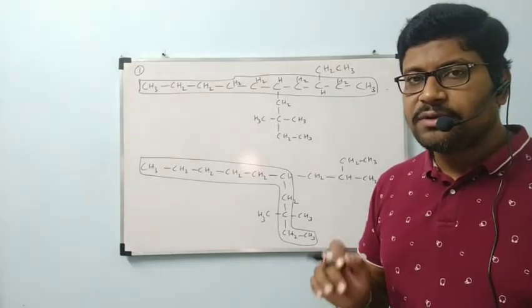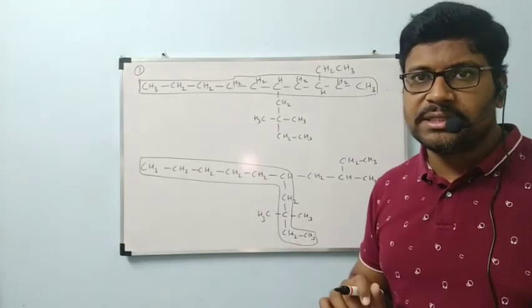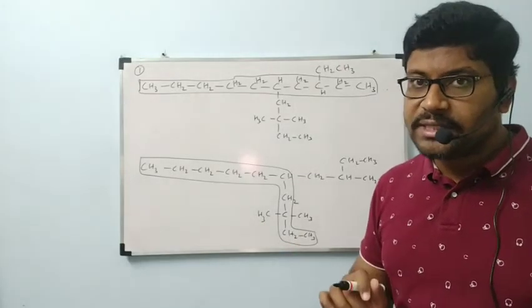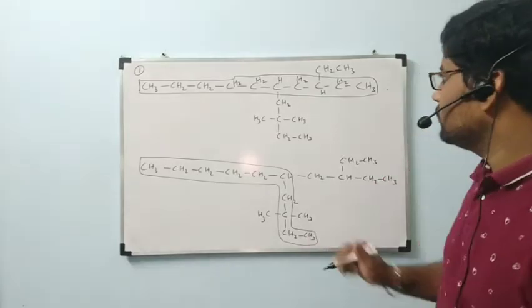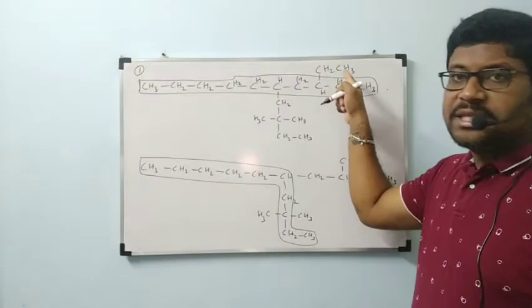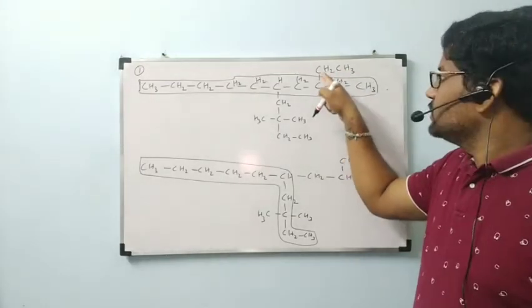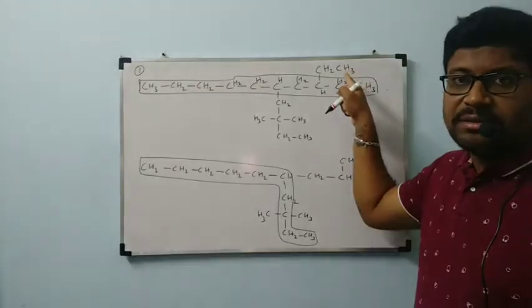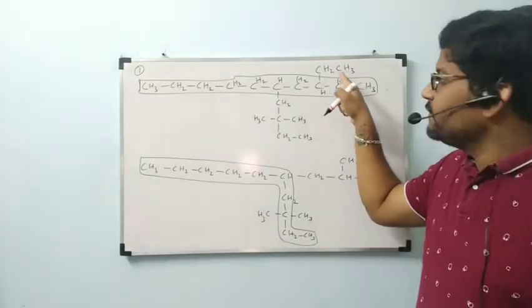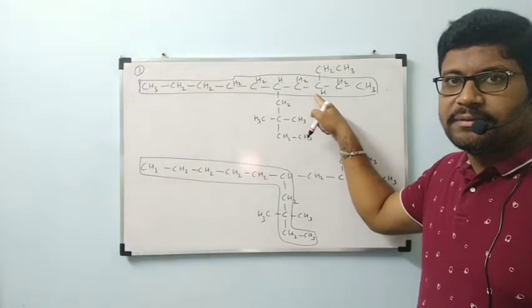Now we have to count, for every possibility, the number of side chains and the number of branched chains. Observe, this is the parent chain. The CH2CH3 is directly bonded to the parent chain carbon, so that is called a side chain.